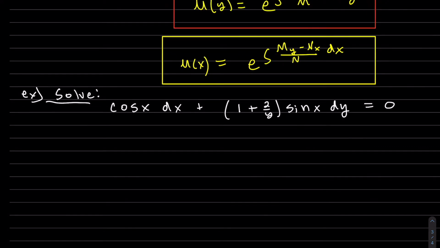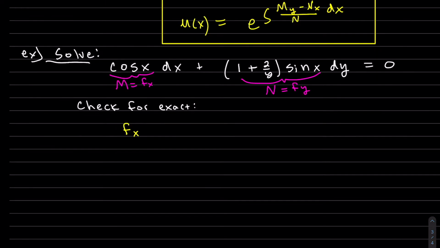So we're going to solve this DE. And it looks like it's the same form as last section. So we're going to check for exact. Using f of x, we're going to just go ahead and find f of y.